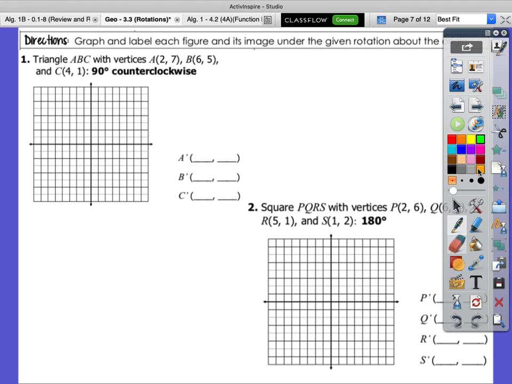Which ones do we do? 1, 2, and 3. Very good.